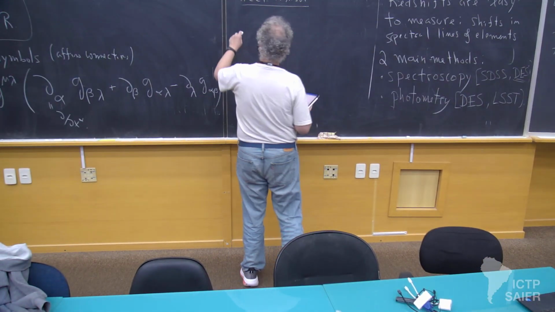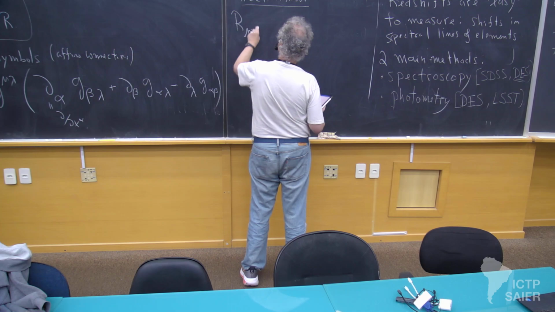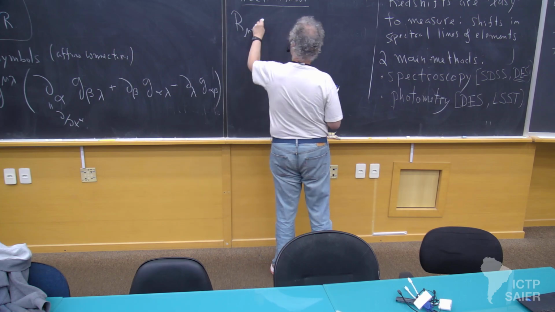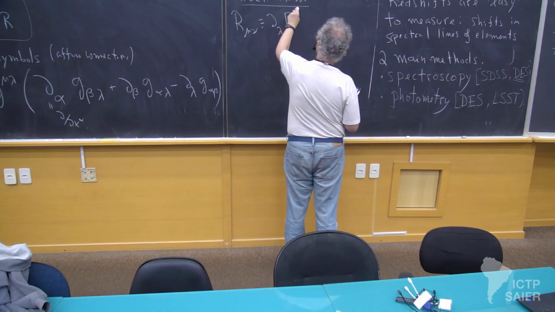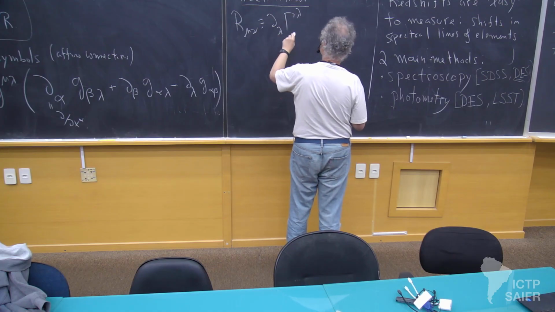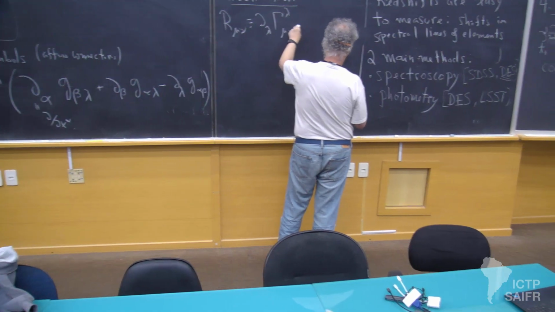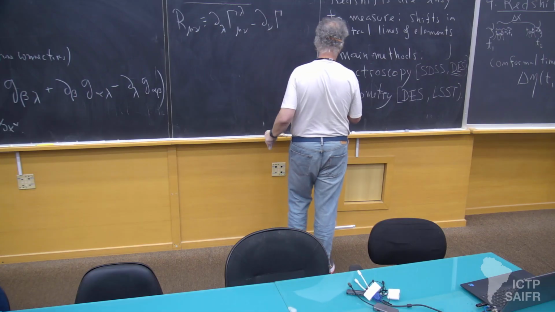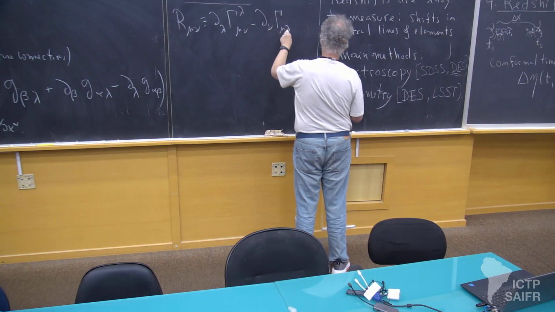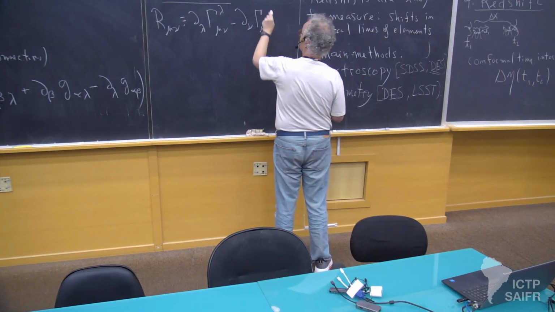Okay, so the Ricci tensor is this: d lambda gamma lambda mu nu, minus d nu, so the second derivative in the metric now, gamma mu lambda lambda.